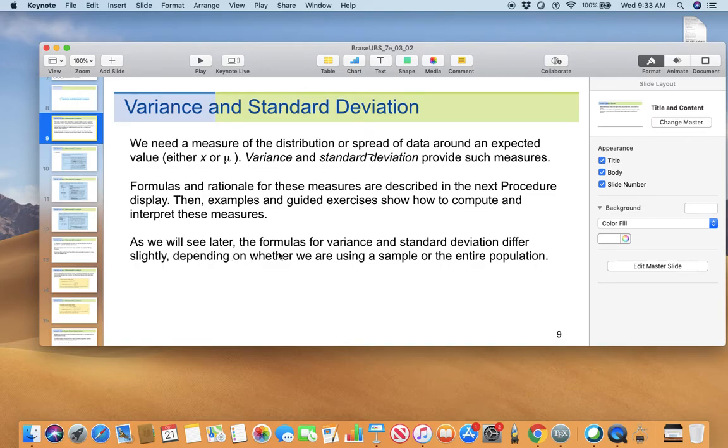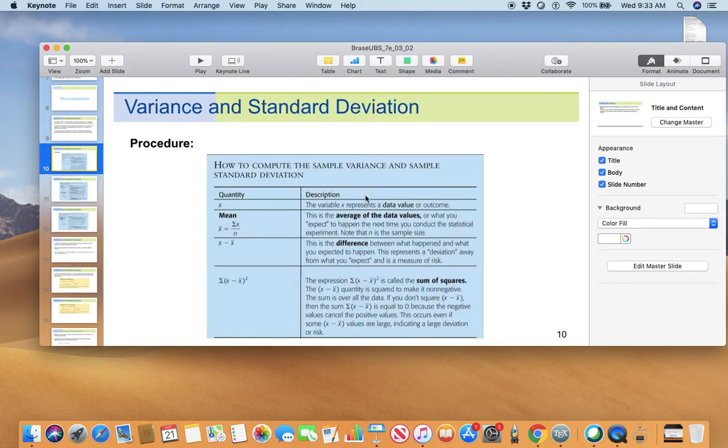As we will see later, the formulas for variance and standard deviation differ slightly, depending on whether we are using a sample or the entire population.